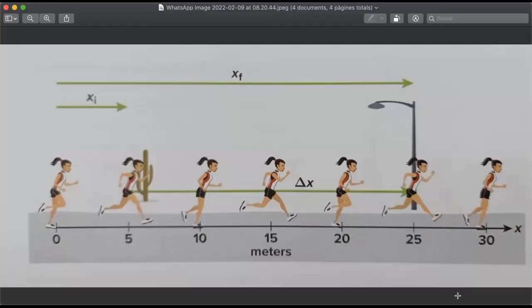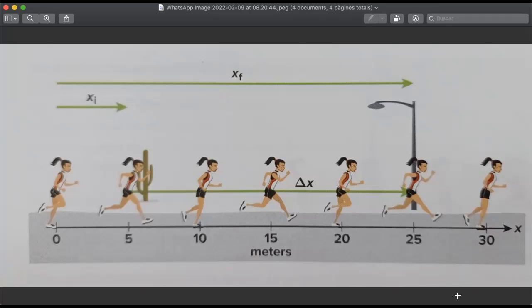Okay, so look at this. XF will be the final position of the runner after 25 meters, and XI will be the initial position of the runner, okay? So my initial position is the cactus, for example, and my final position will be the lamppost.